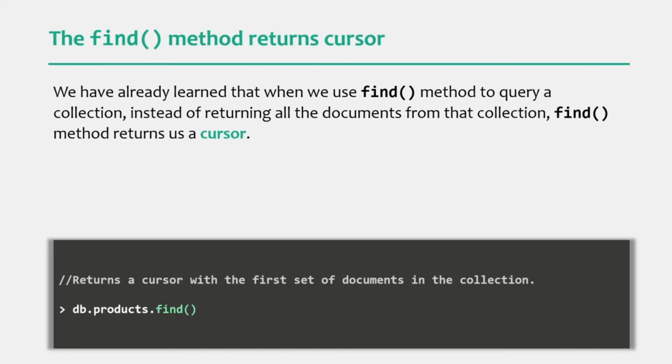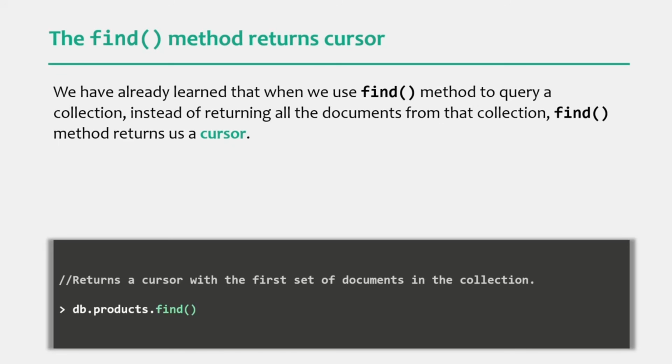The reason MongoDB returns a cursor instead of all the documents from a collection is to avoid overload of network bandwidth. For example, if we have 100,000 documents in a collection and we query that, and MongoDB sends all the 100,000 documents at once, it is going to overload the network bandwidth and slow down the client application.